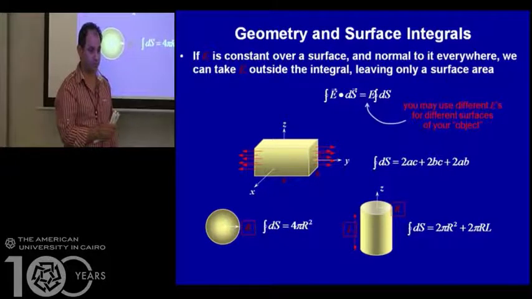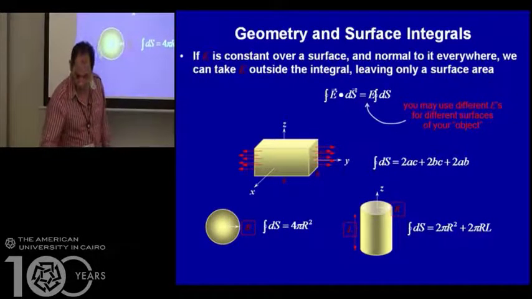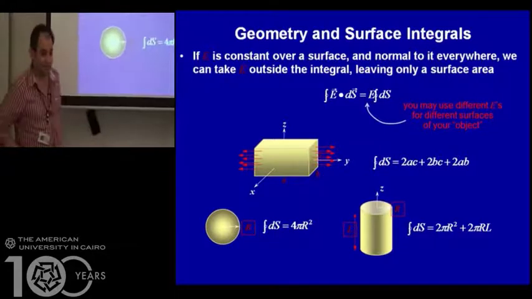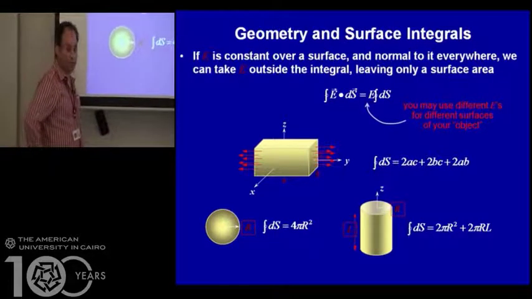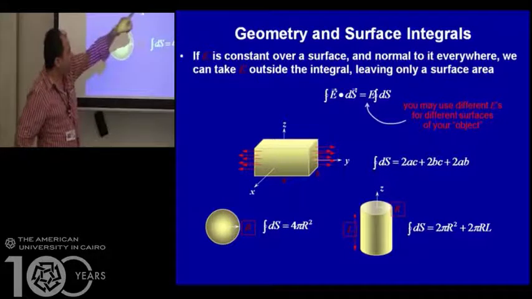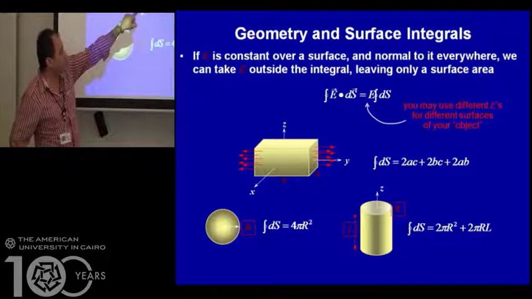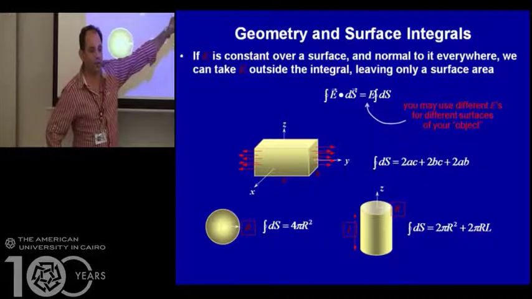Those are the 3 examples that I can give for surface area. In here I said that if E is constant, then the integration will be only over the surface.